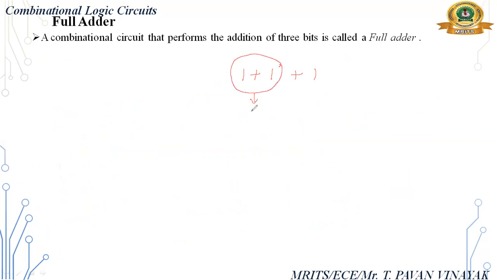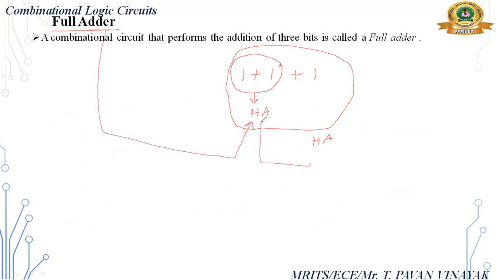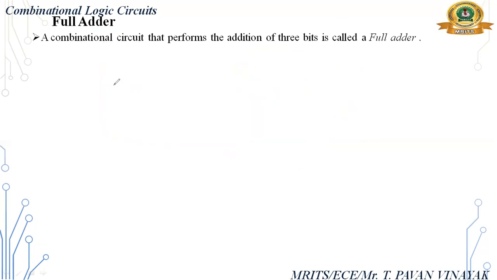So this one is a half adder. After performing this half adder, plus 1 means one more half adder. So a full adder can be implemented using two half adders, right? Yes. So we can design a circuit like this.